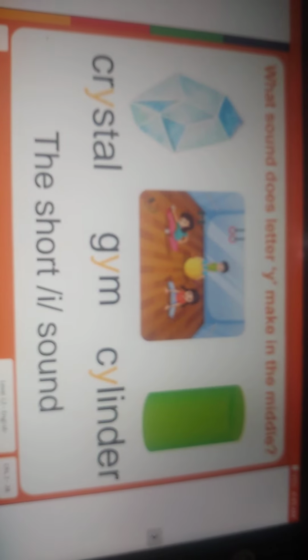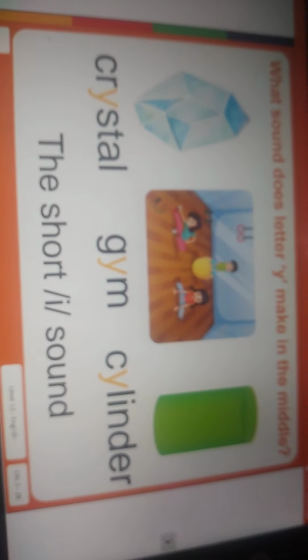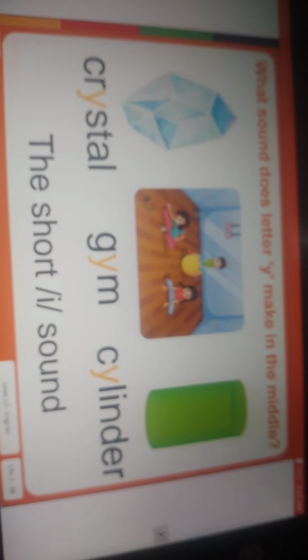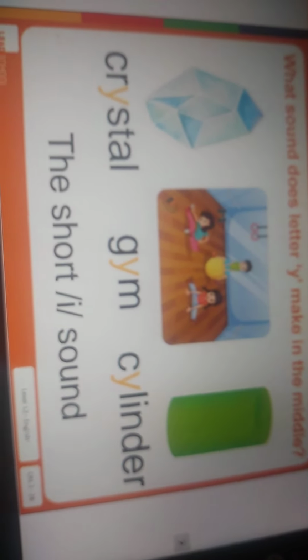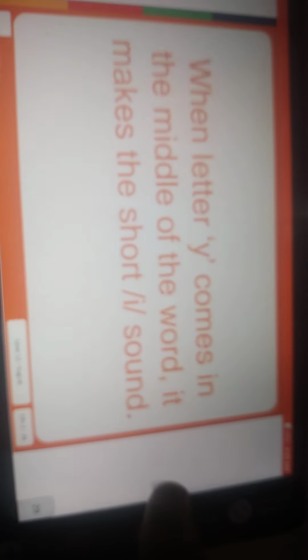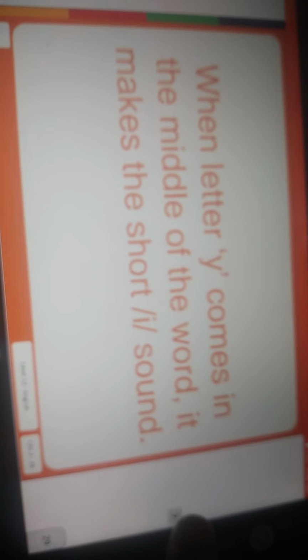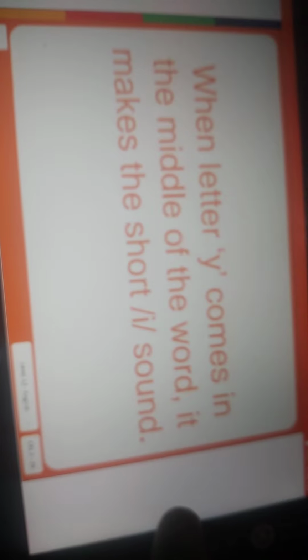It is short I: crystal, gym, cylinder. It does not sound like long I, but the sound became shorter. Crystal, gym, cylinder. So when letter Y comes in the middle of the word, it makes the short I sound. Can you understand, children? So in this slide we have learned about the sound of Y.